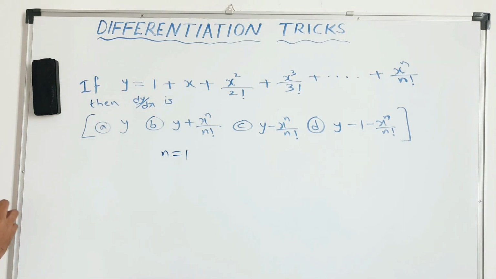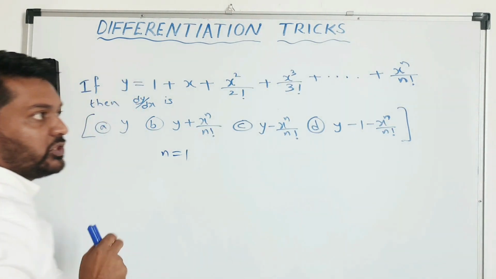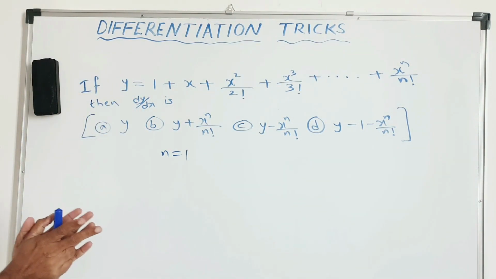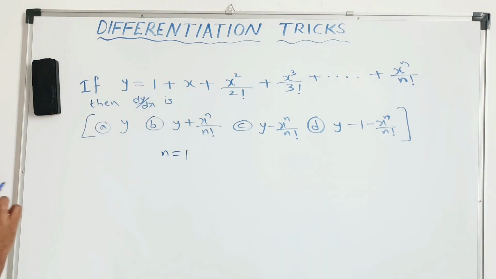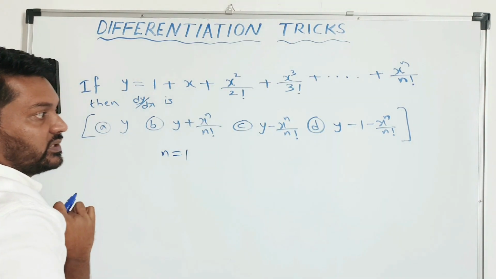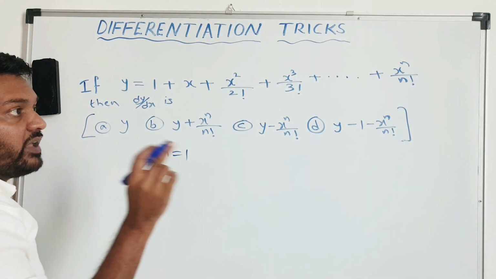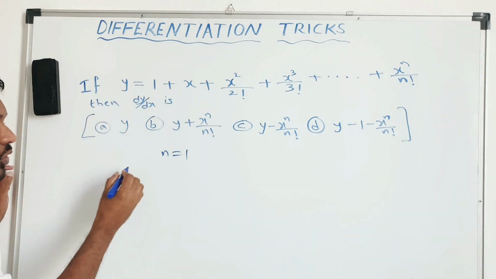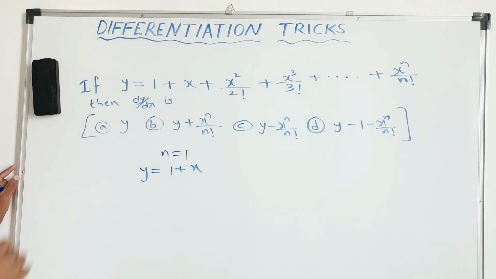If n is 1, the last term will be x power 1 by 1 factorial. It means you have to stop at x power 1 by 1 factorial, which is x. You don't have to write the remaining terms because you selected n as 1. So your y will become 1 plus x.